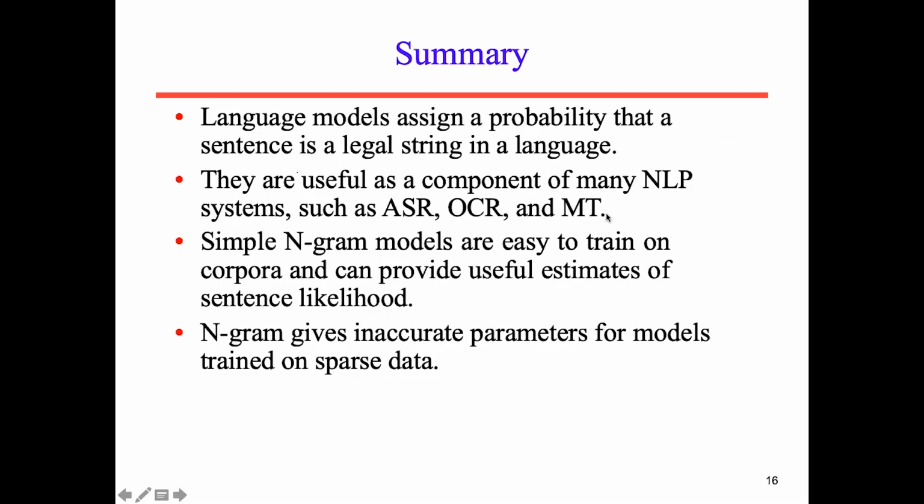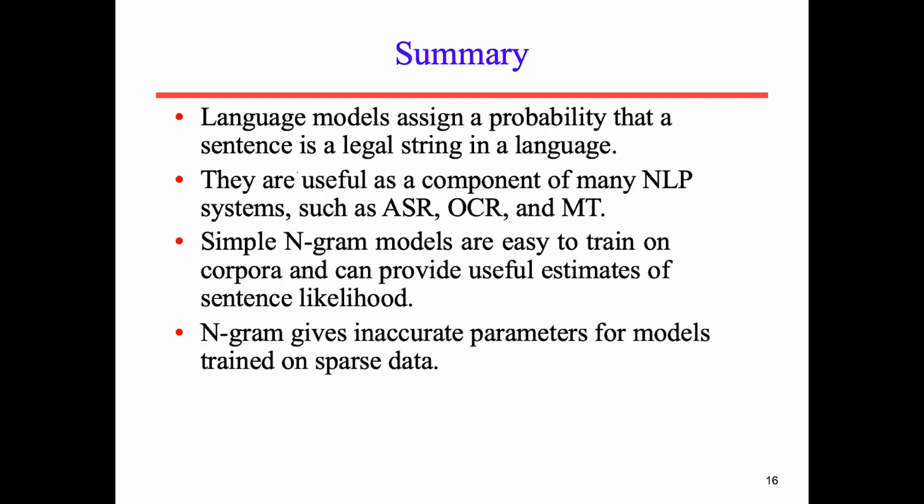And just a brief recap on probabilistic models: language models assign probabilities to sentences and words being a legal string in a language or not. And as you saw in parts of speech, we'll be able to tell if noun, verb, noun is a better combination than noun, noun, noun in a lot of cases. They're extremely useful as a component of many natural language systems.